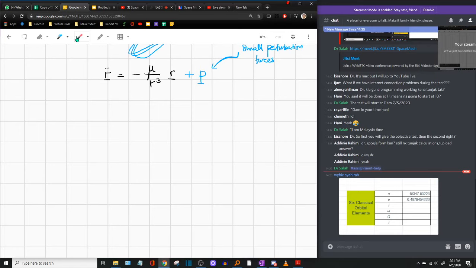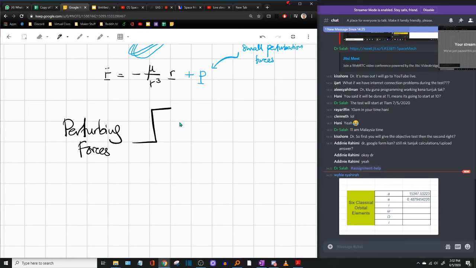So where can these perturbing forces come from? Well, one is from the gravity of the sun and the gravity of the moon.